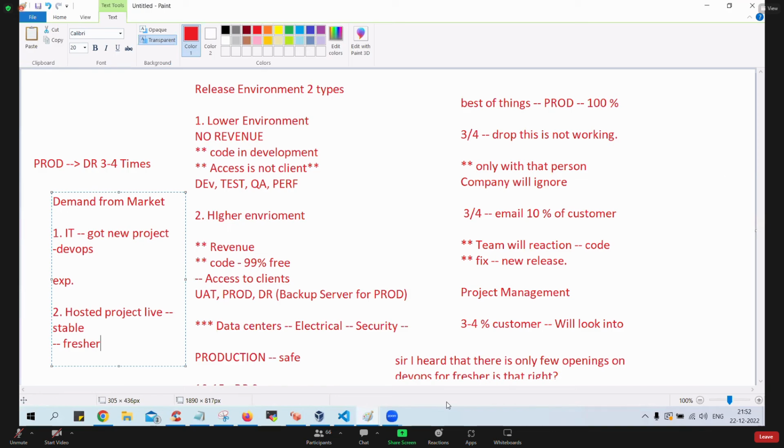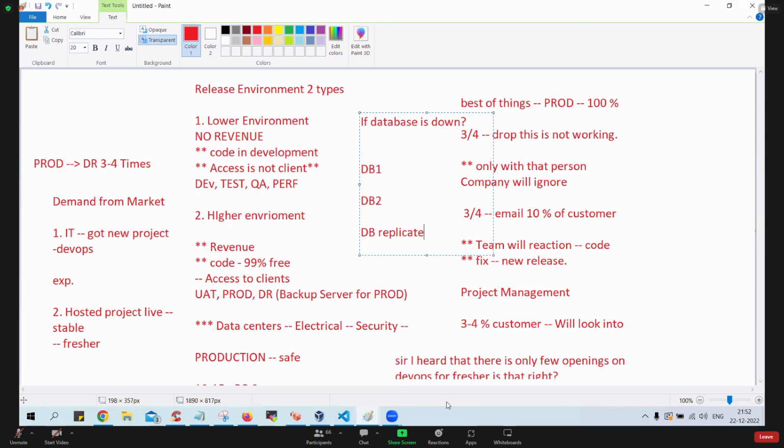Database down. Okay, that's a very good question. Subbu is asking me, what if the database is down? Super logical question. Again, in the database also you'll have the same story. You'll have the DB1 server, you'll have the DB2 server, you have DB replica servers. They also have the backup.